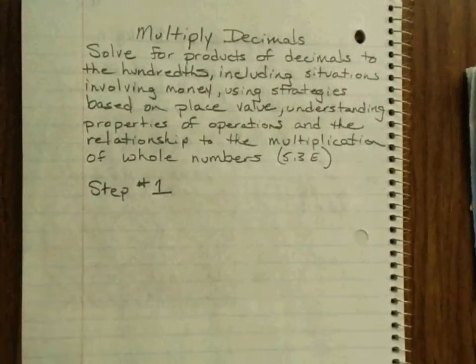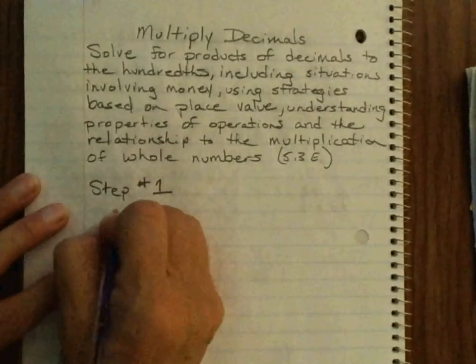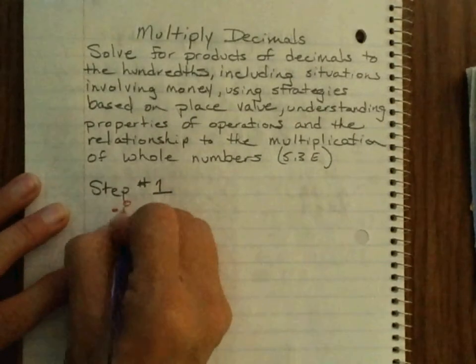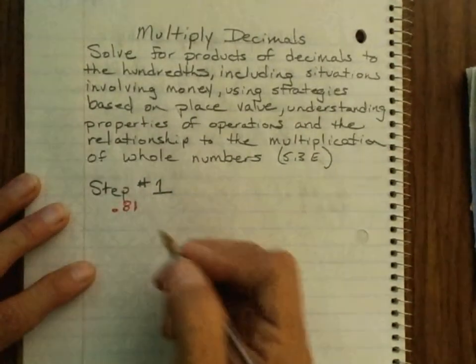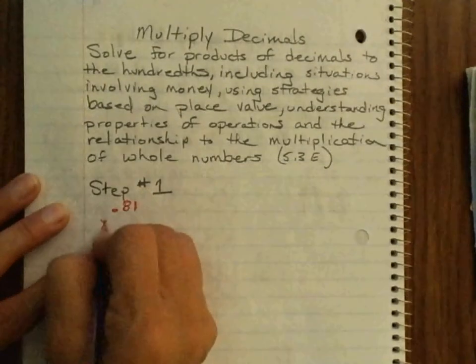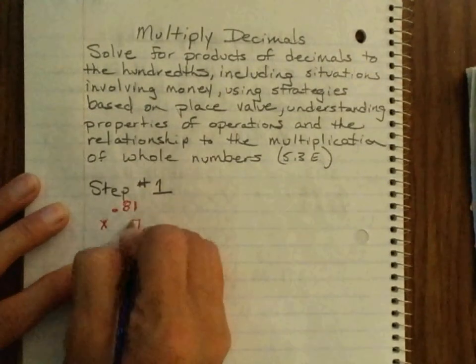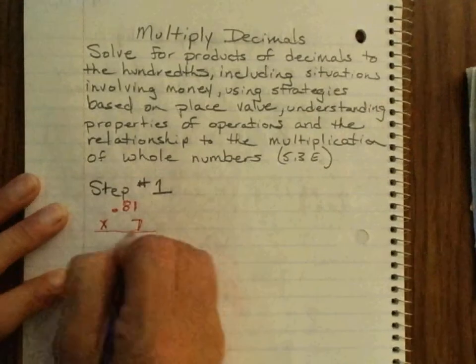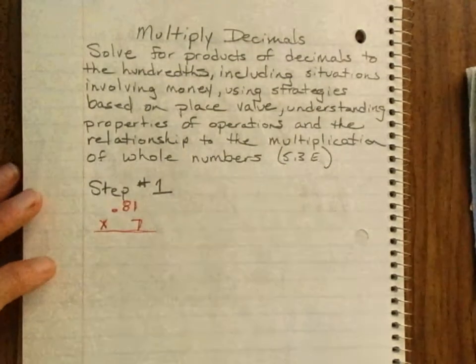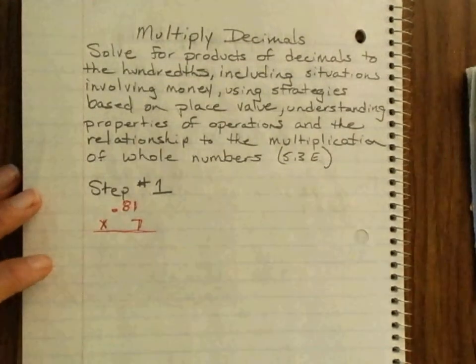So let's say we have this problem. We have 81 hundredths times 7. Okay, so what I mean by that is I mean 7 groups of 81 hundredths.